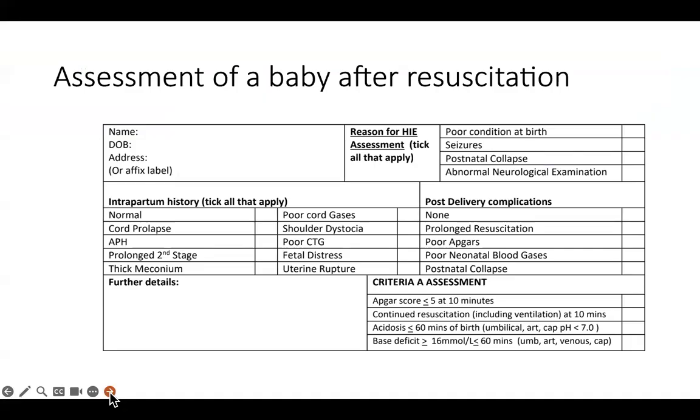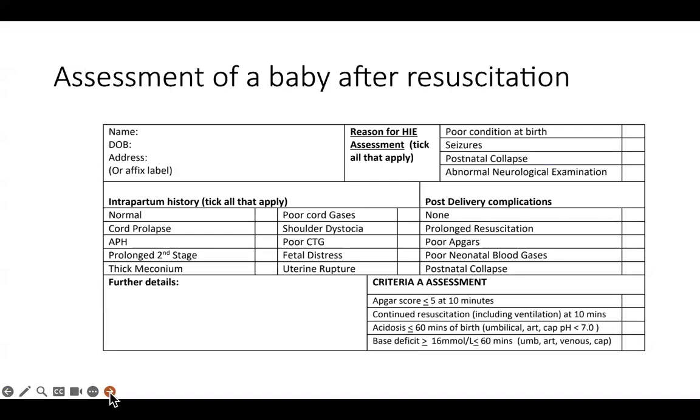As a pediatric house officer, your responsibility is not to miss a baby with HIE who will need intervention. Now, you will be attending deliveries and you will be resuscitating babies as a pediatric house officer.